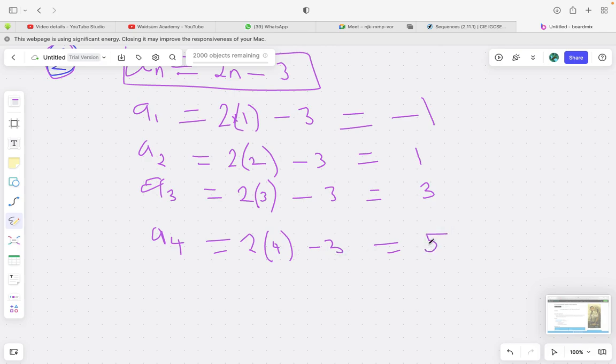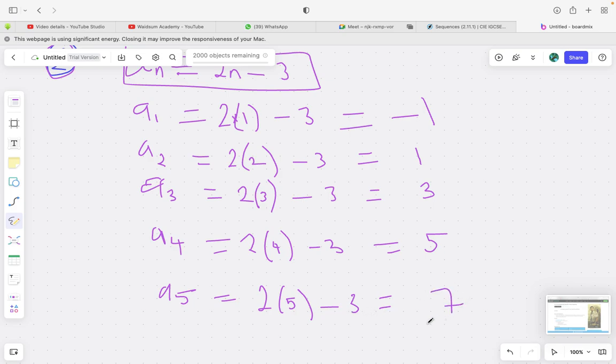Okay, let's do one more. A5, the fifth term of the sequence, will be 2 multiplied by 5 minus 3. 2 multiplied by 5 is 10. 10 minus 3 will give you 7. So we've generated the sequence.